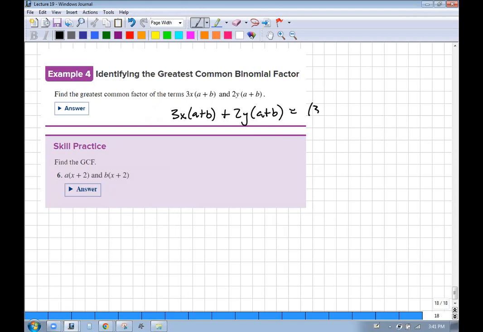I have a 3x and I have a 2y, and they're both being multiplied by an a plus b, right? That's the goal, right? They both have an a plus b that you can factor out. Here, if I change this to a plus, if I was adding these, I have an a and I have a b, and they're both being multiplied by x plus 2.